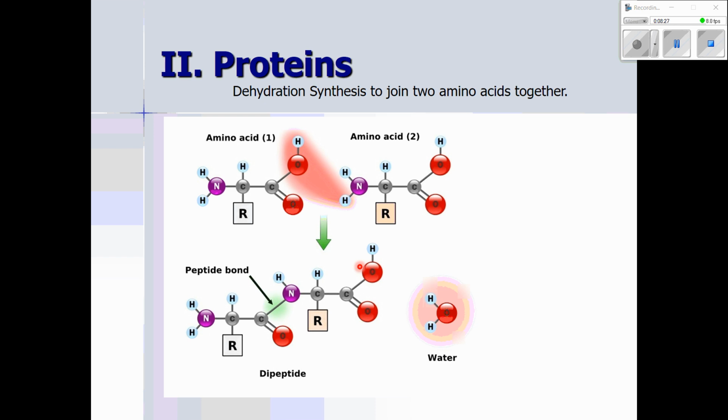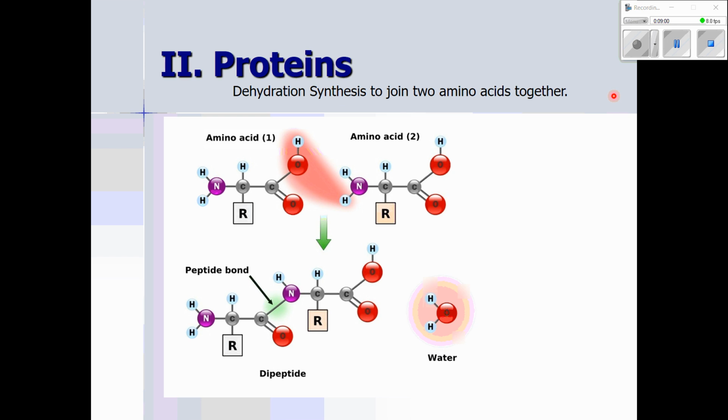So all proteins are polypeptides, or they're made from polypeptides. You can't build a protein without building a polypeptide because that's basically what a protein is. It's a long chain of amino acids that have been joined together like pearls on a necklace by the process of dehydration synthesis.